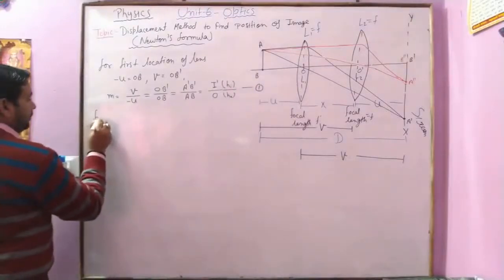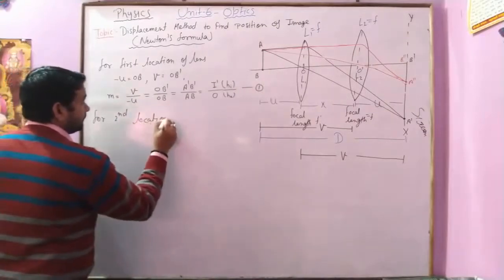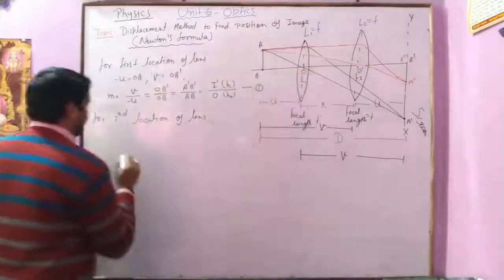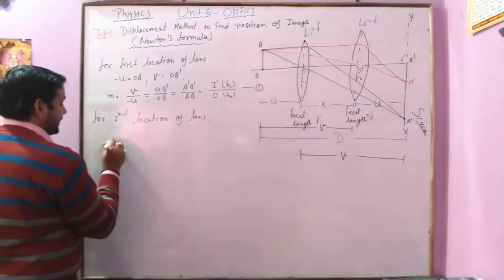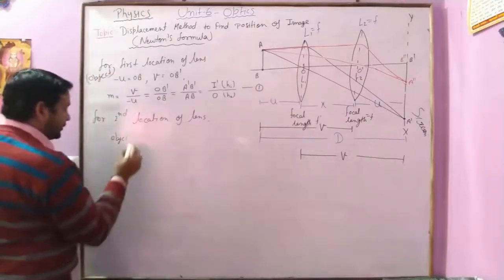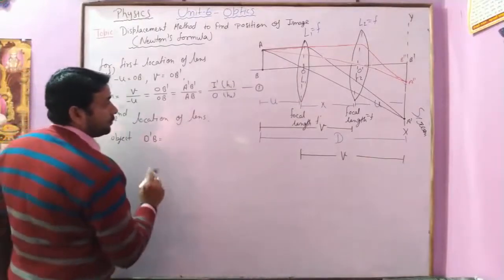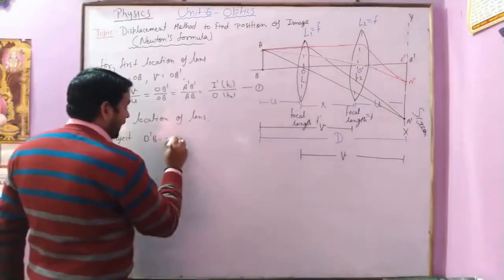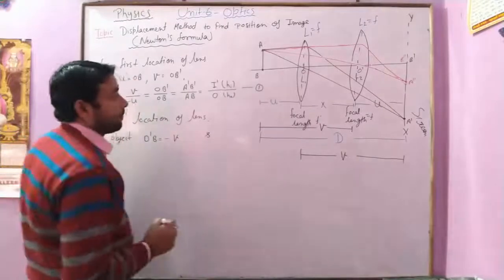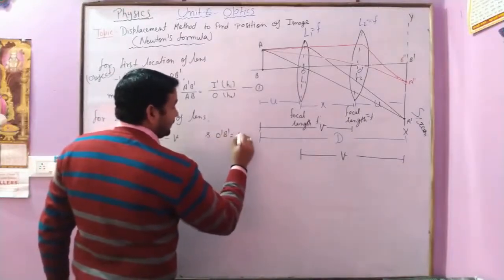Now for the second location of the lens, the object distance O dash B is equal to minus v, and the image distance O dash B dash is u.